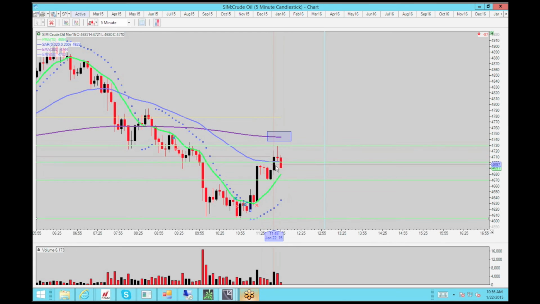A lot of selling up there. A lot of selling. Seeing how it interacts right here is going to be crucial. Now we're back into this lower range here.